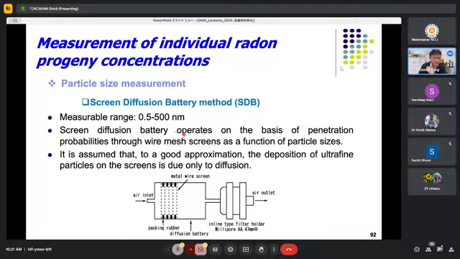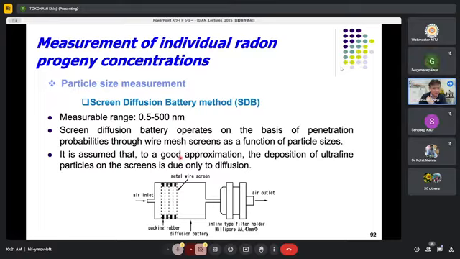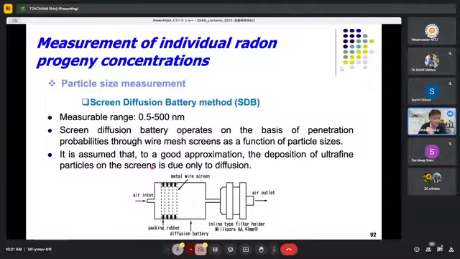Screen diffusion battery operates on the basis of penetration probabilities through wire mesh screens as a function of particle size. It is assumed that to a good approximation, the deposition of ultrafine particles on the screen is due only to diffusion.